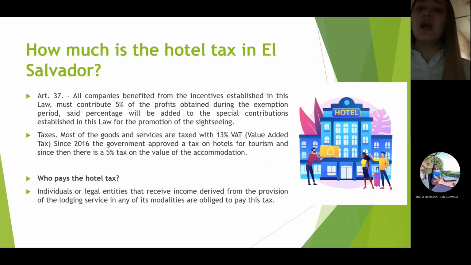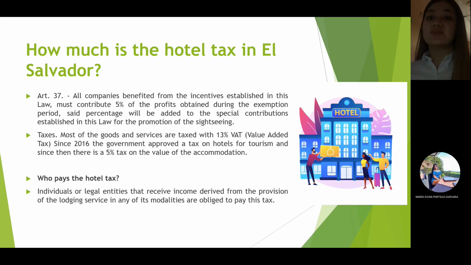how much is the hotel tax in El Salvador? Article 37 says all companies that benefit from the incentives established in this law must contribute 5% of the profits obtained during the exemption period.